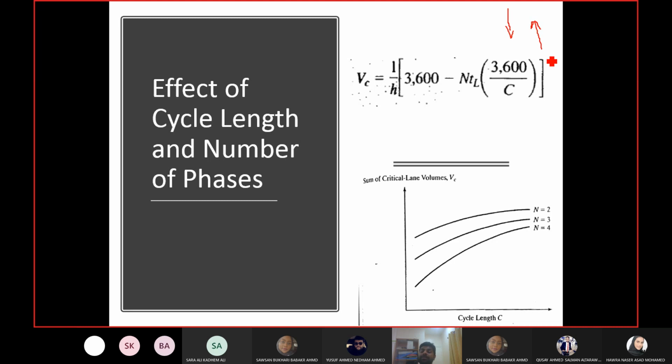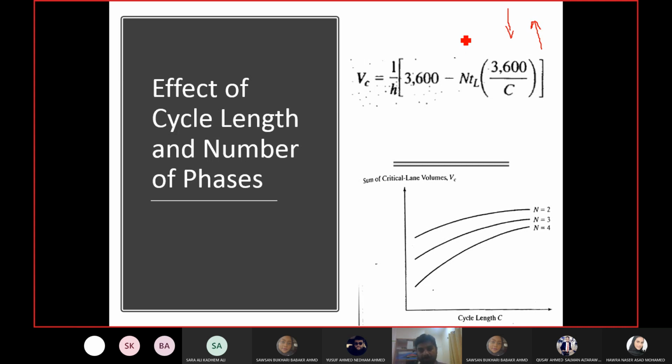If you do it in two phases, then it will be safer because each direction has its own time now. So the other direction is blocked, so it is completely safe for one direction to move. So you are increasing the number of phases and the lost time. You are decreasing capacity, but you are making it safer for the drivers. So having more phases is better for the driver in terms of safety, although you are decreasing the capacity.